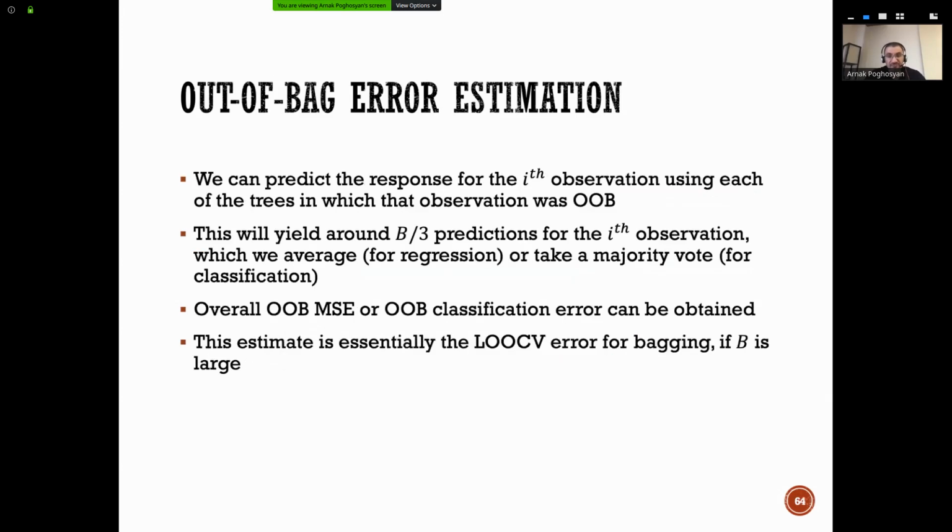So here we have a small description. You can read it, because in case of bootstrapping, when you are randomly selecting some observations with replacement, you are getting a lot of different observations that you didn't use while you were constructing your decision tree.